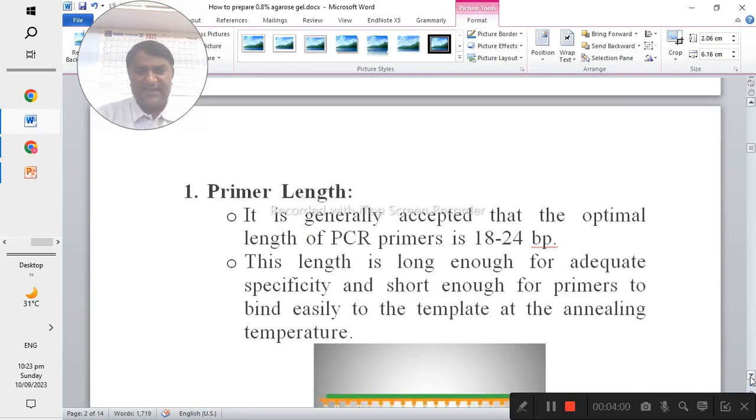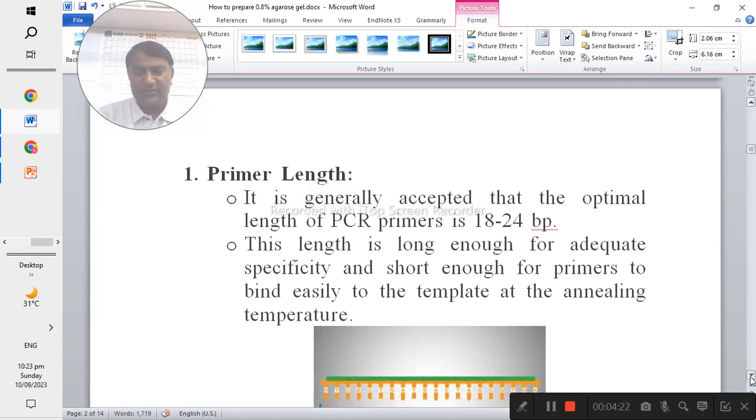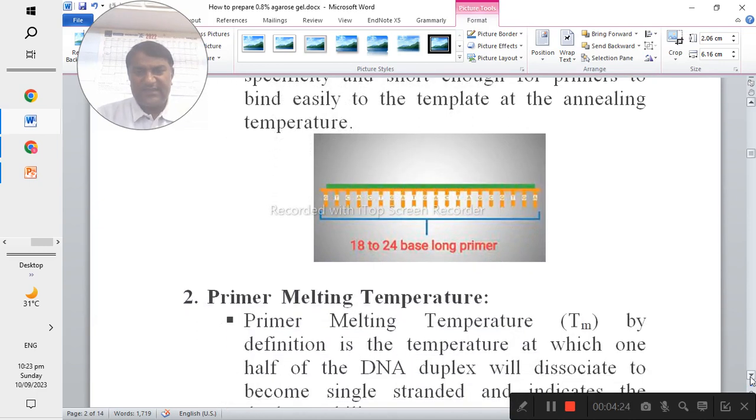It is generally accepted that the optimal length of a PCR primer is 18 to 24 base pairs. This length is long enough for adequate specificity and short enough for the primers to bind easily to a template at the annealing temperature. So here is a little sketch of these primers.